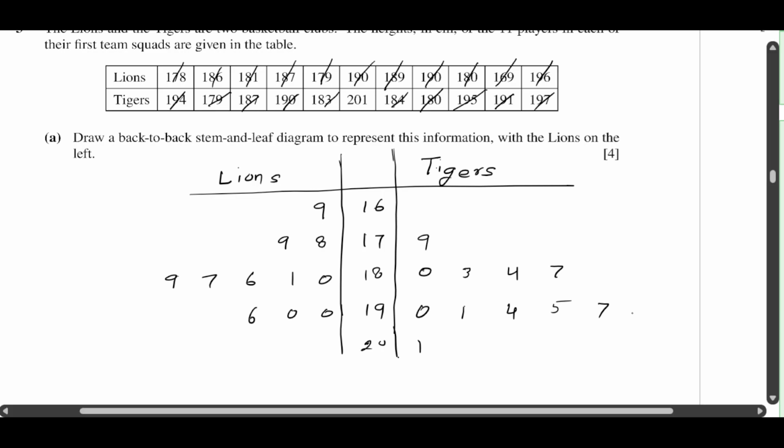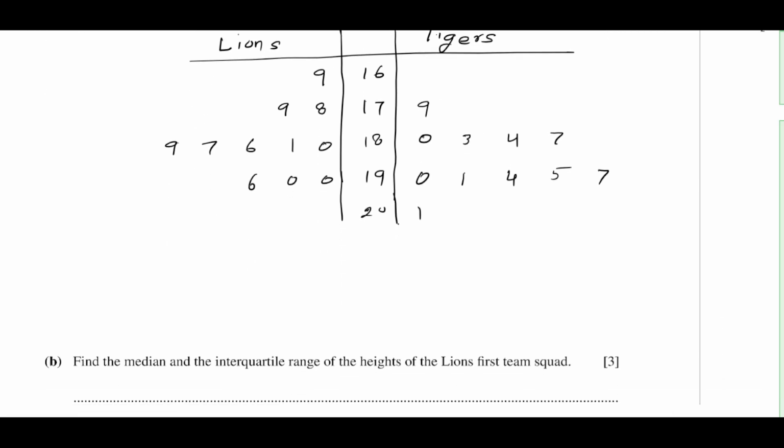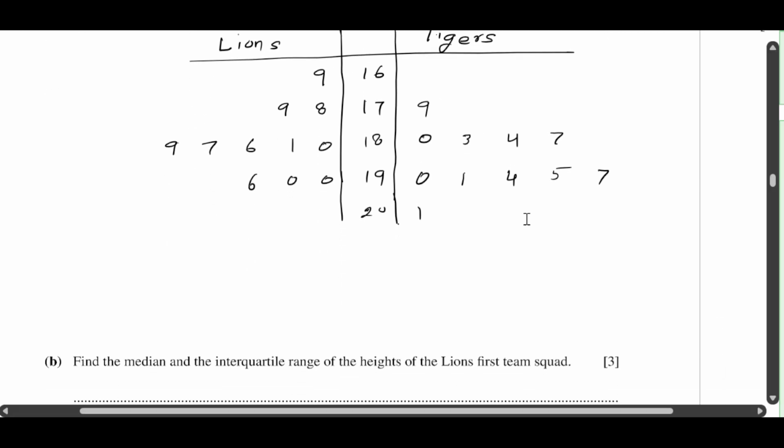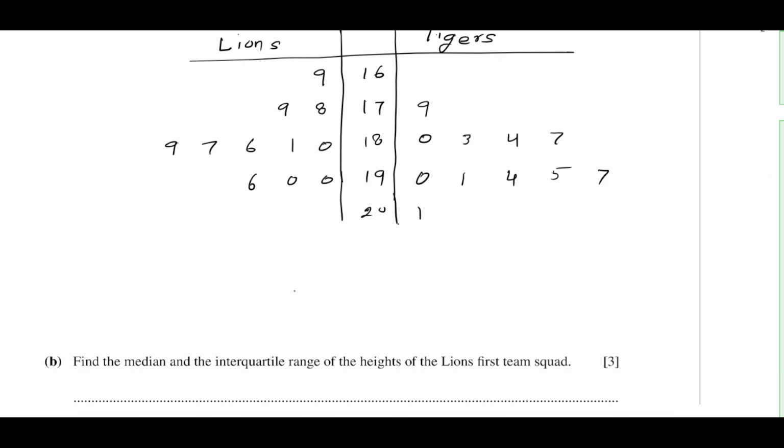We will mention the key also. So the key, we will say, is something like 17|8, 9. Now what does this key indicate?